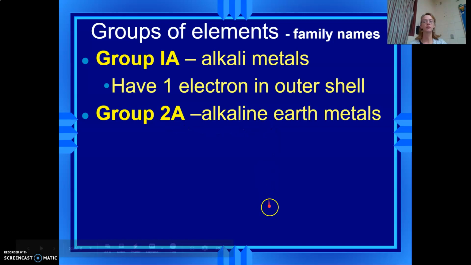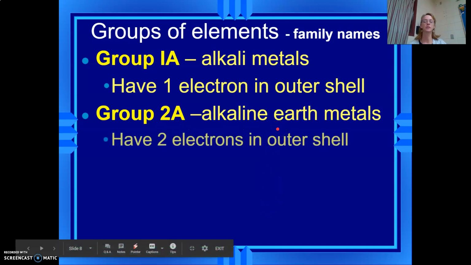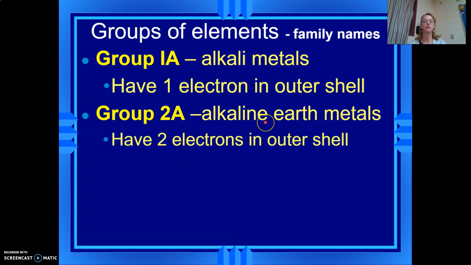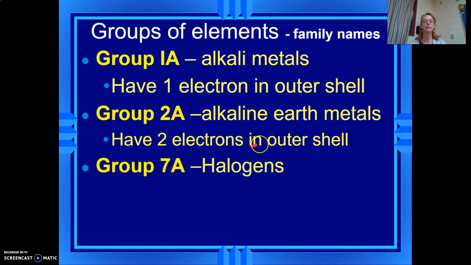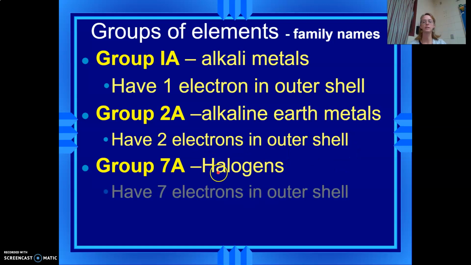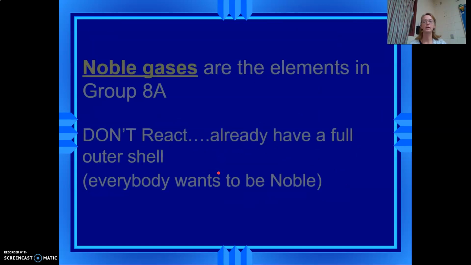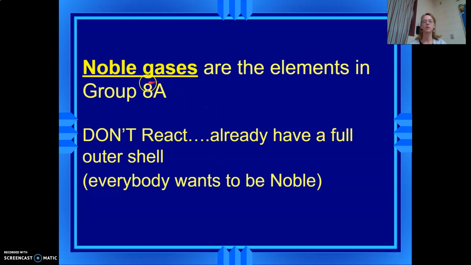The second vertical column going down has 2 electrons in its outer shell. Those are the alkaline earth metals. Then we're going to skip that part of the table that's down low and jump right over to group 3A, 4A, 5A, 6A. Finally, 7A gets a fancy name called halogens. And group 8 are the noble gases. Group 8 has 8 electrons in their outer shell.